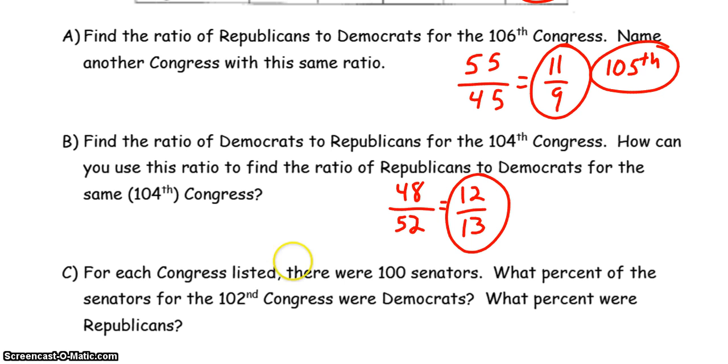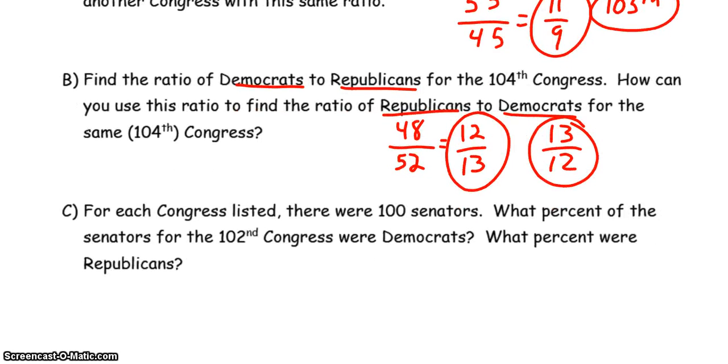Now, that was the Democrats to Republicans. If we switch the ratio to Republicans to Democrats, all that would happen is the ratio would be flipped, and we'd have 13 over 12. And then for the last part here, for each Congress listed, there were 100 senators. What percent of the 102nd Congress were Democrats?